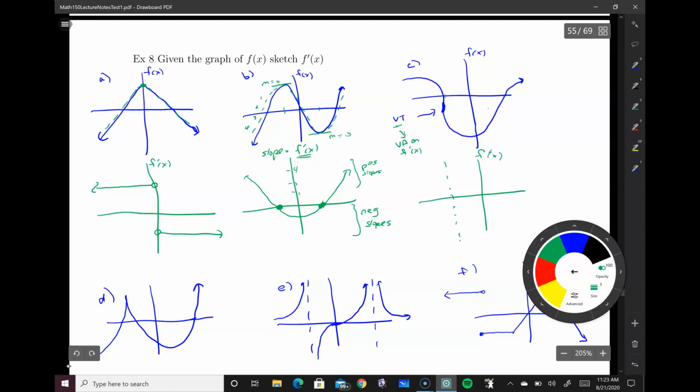All right, so let's look at what the slopes are doing here. The slopes are small negative, bigger negative, huge negative, to undefined. Then after that vertical tangent, I jump back on the graph, and there's still huge negative, smaller negative, until we get to a place where the slope is 0.